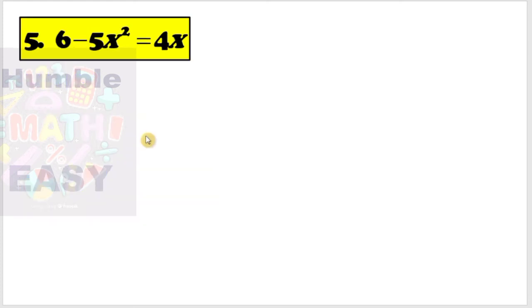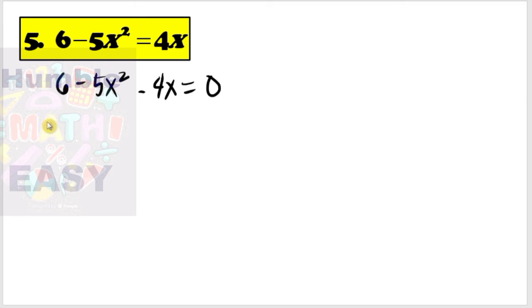The given of problem number 5 is 6 minus 5x squared is equal to 4x. So we copy the left hand side of the equation, and the 4x should be transposed to the left side, so it became that. Since it was not arranged, the quadratic term is negative 5x squared, so the numerical coefficient is negative 5.